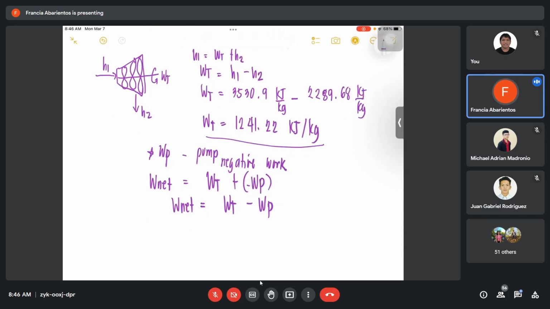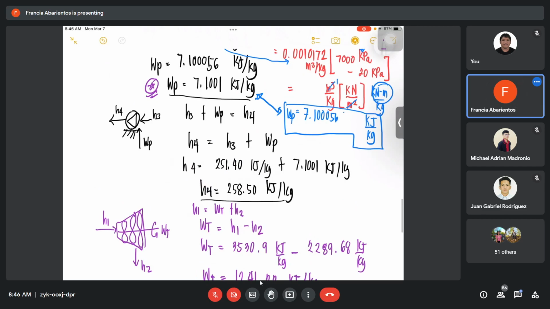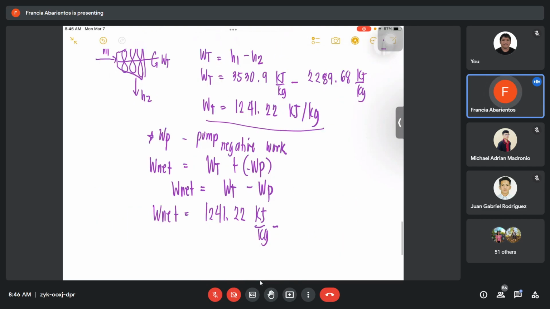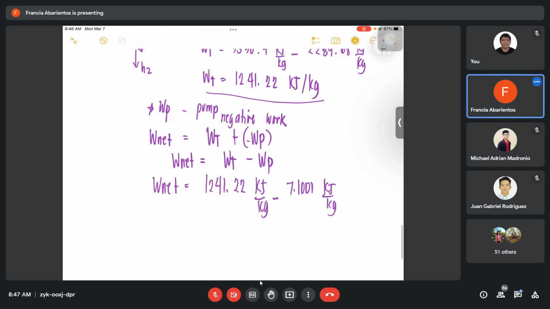So, finding for the work net, we have now the work of the turbine minus work of the pump, 7 point. Gamitin lang natin yung 4 decimal. Okay, we have now the work net. Ano na po yung work net natin? Yung net work. What is now your answer, class?